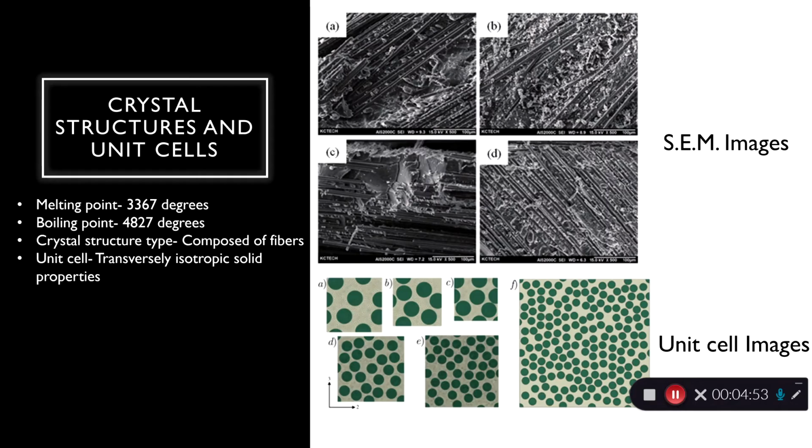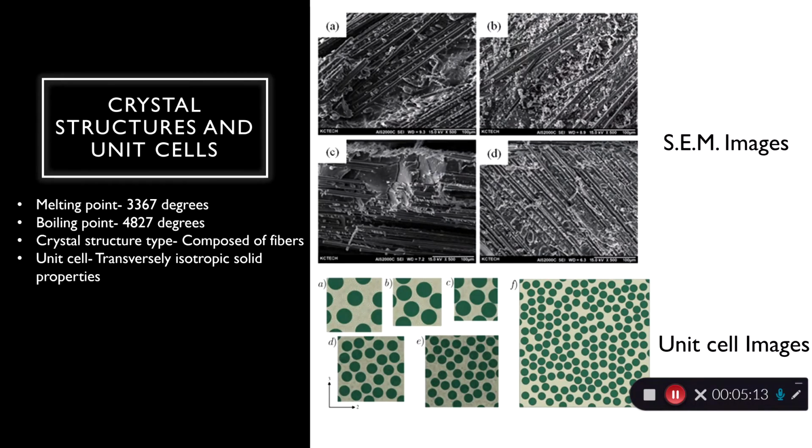I also researched the unit cells. The unit cells are modeled as transversely isotropic materials. They also have 8 atoms in each corner, 6 in the face, and 4 internal carbon atoms in the body as well.